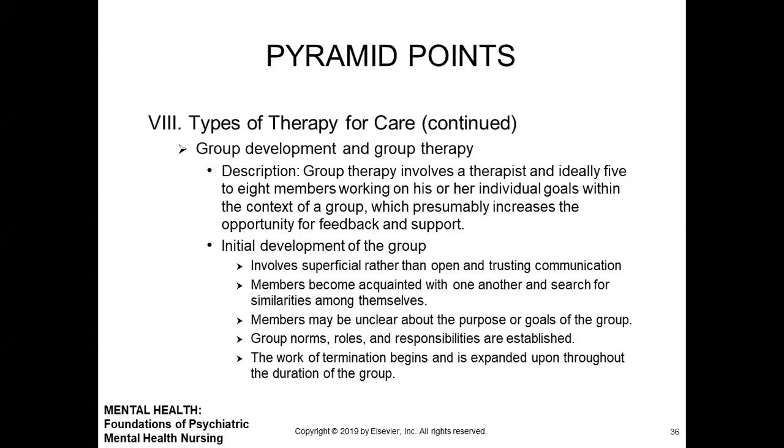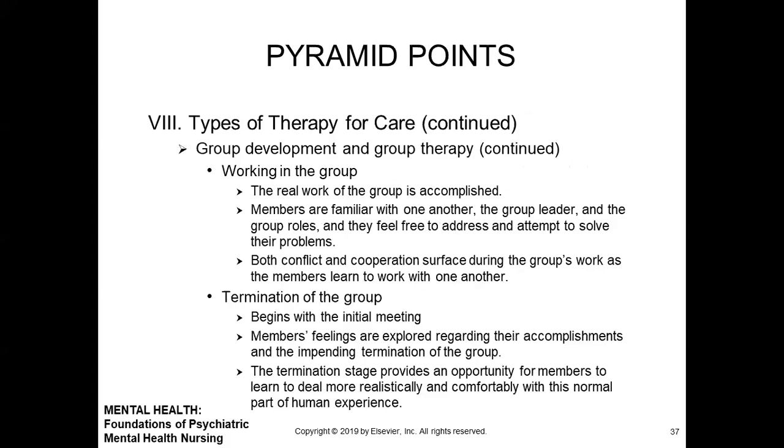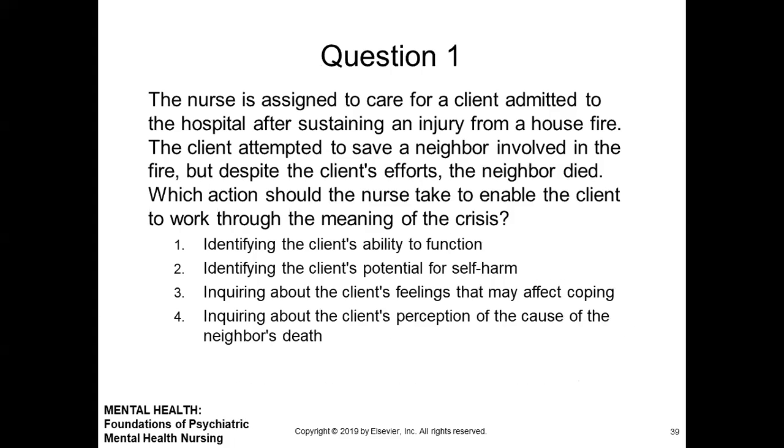It does not mean that you give one patient 20 minutes, another patient 3 minutes or 5 minutes. Equal. Members maybe aren't clear about the purpose or goal of the group, but you have to explain. The work of termination begins and is expanded upon throughout the duration of the group, right?